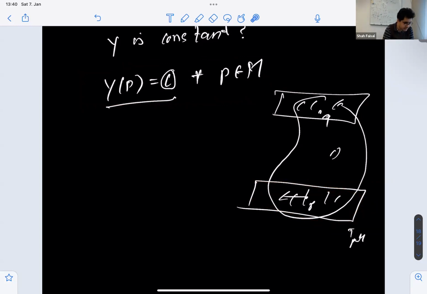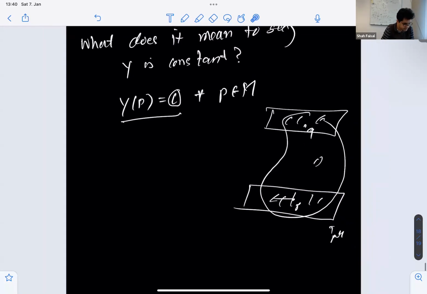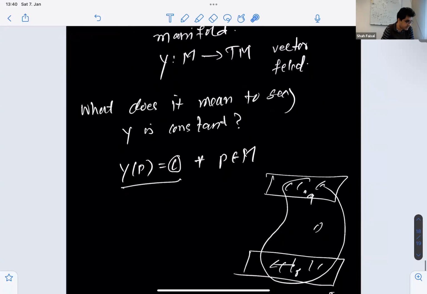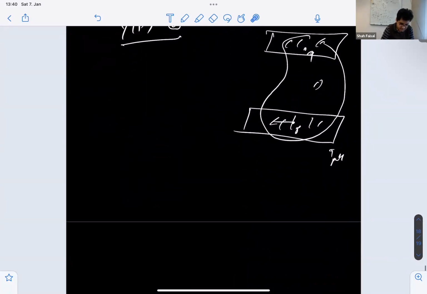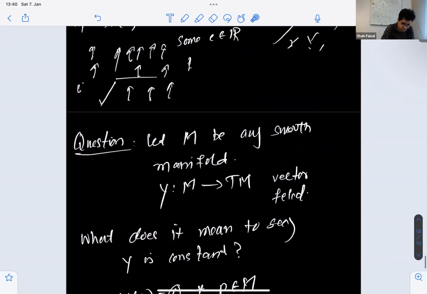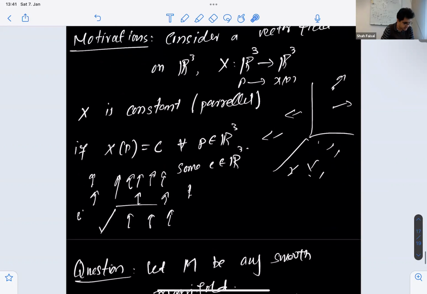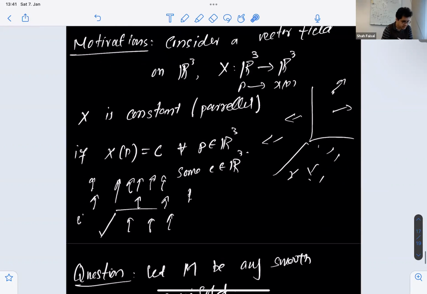So how would you make sense of a constant vector field on a manifold, or maybe parallel, if you can say? So let's go back to our observations in the Euclidean case. When do you say a function is constant, by the way? I mean, you have a smooth function and you say it's constant. What is another way of saying this? At least there is one way that you can say the same thing.